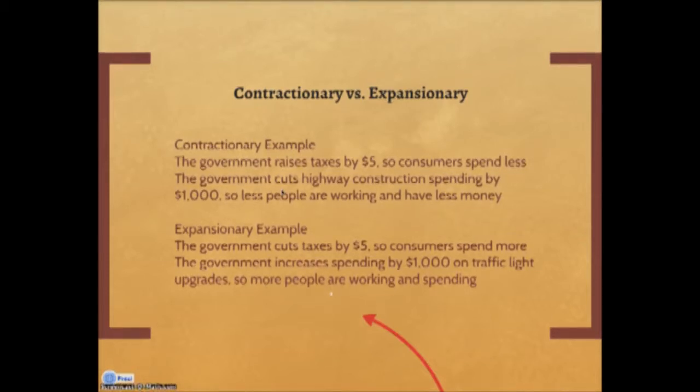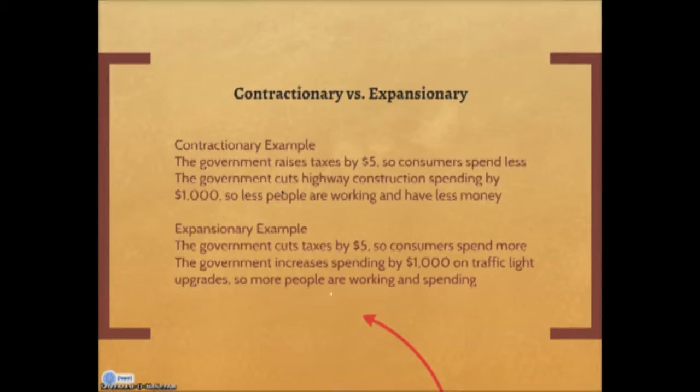If the government raised taxes by $5, right, that means people have to take $5 more of their income and put it towards taxes. This means that they have $5 less that they can spend, whether it's on furniture or food. It's just $5 less. So that's showing that it's decreasing consumer spending, and that's why it would decrease aggregate demand.